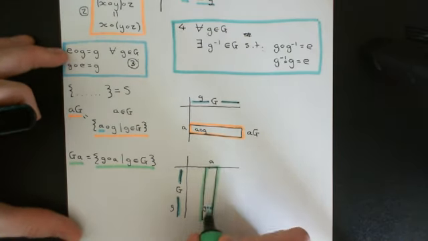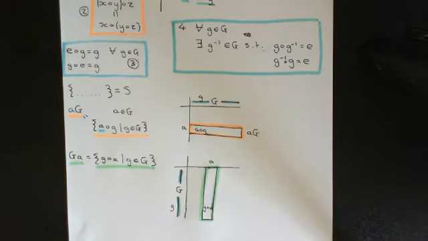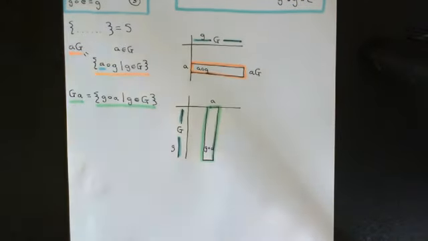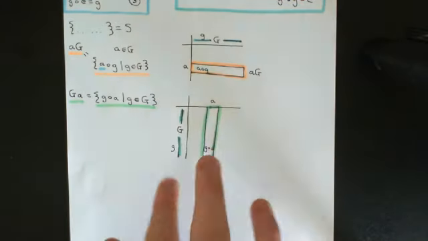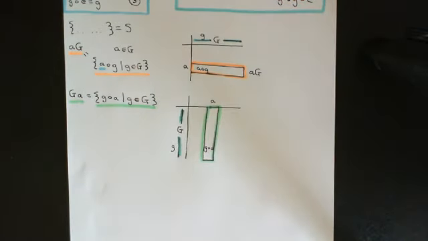You go through all of the entries in that column, put them into a set. That is what is meant by GA. So that's just a bit of notation at the moment. What do I actually want to show you about these rows and columns in the composition table? Because that's the important bit of understanding that you need to explore Cayley's theorem any further.